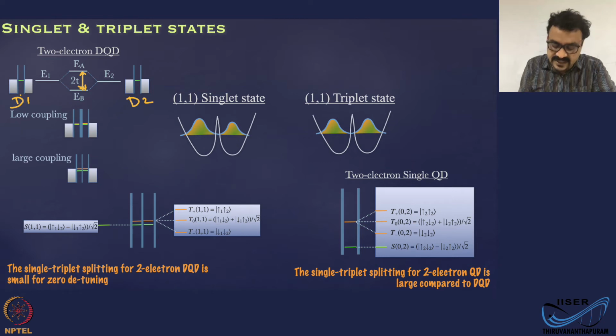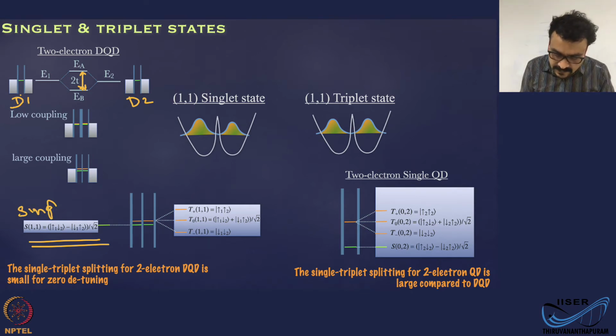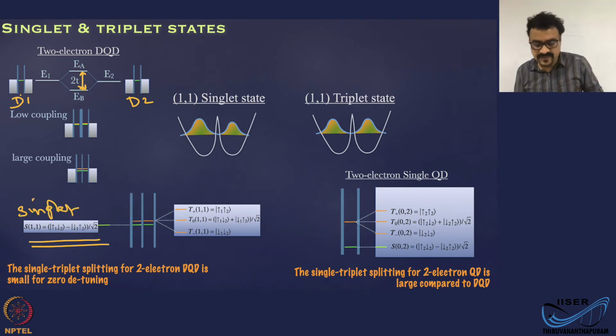You have a singlet state, which is given by the relation up down minus down up by root 2. This is the singlet state, and there is only one such state. You also have a symmetric state.